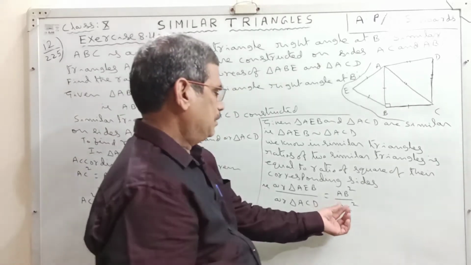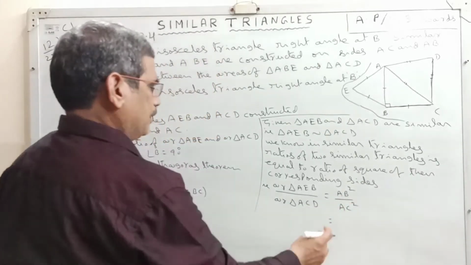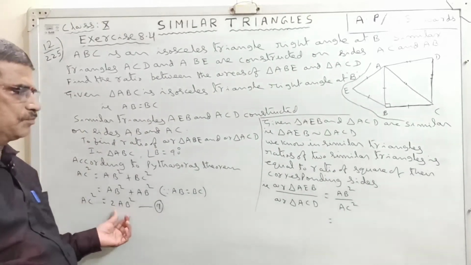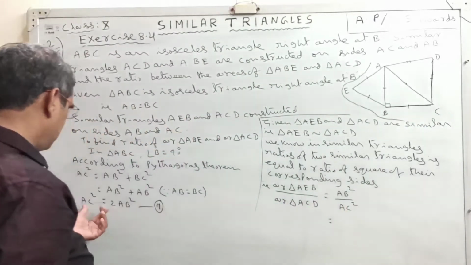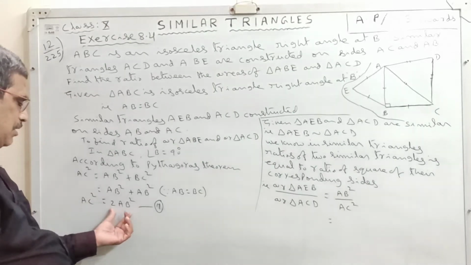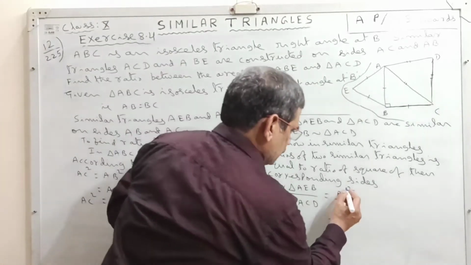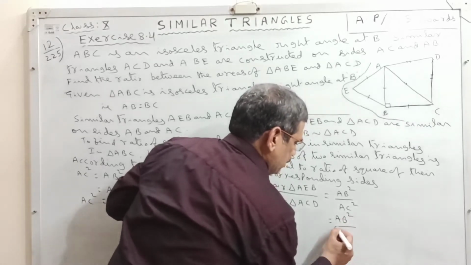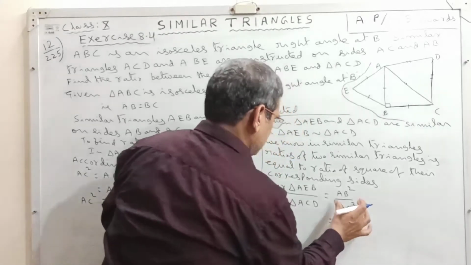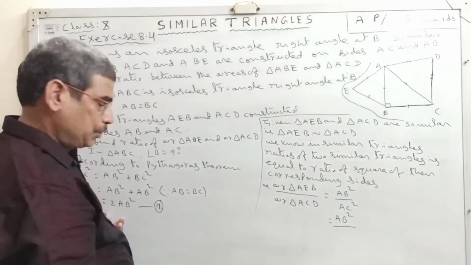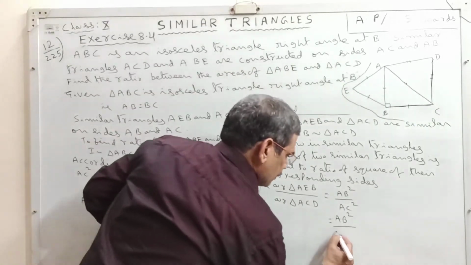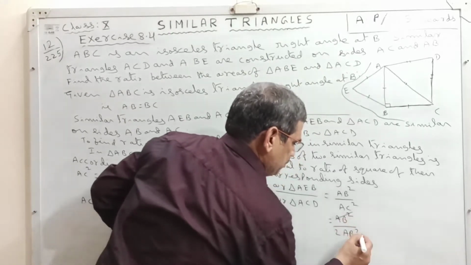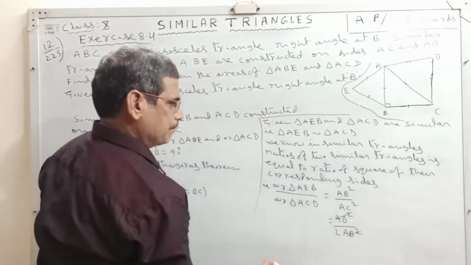So instead of writing AC square, I will write 2AB square. So in the numerator, AB square is there. In the denominator, instead of AC square, I will write 2AB square. This AB square and this AB square will get cancelled.